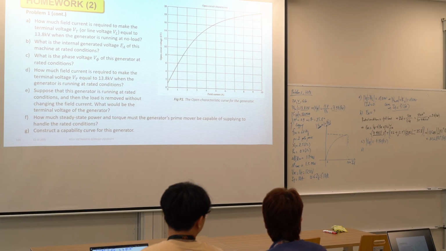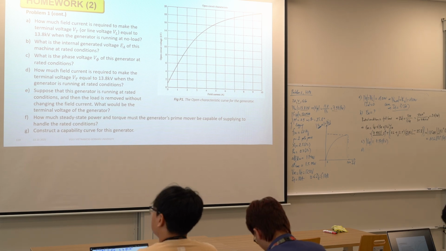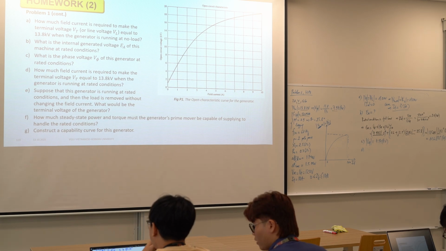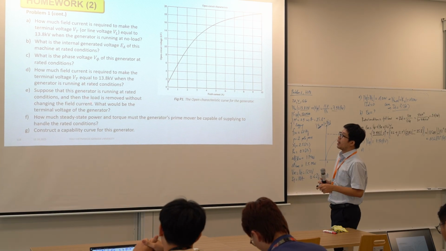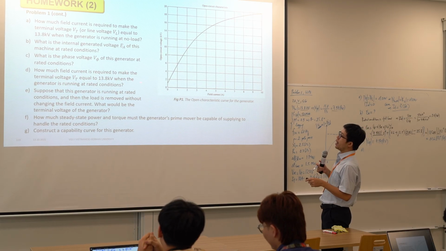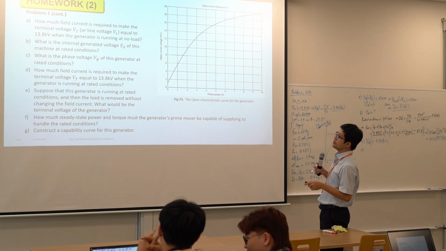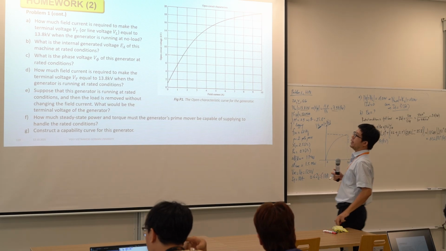So that's question D. How much field current is required to make the terminal voltage VT equal to 13.8 kV when the generator is running at the rated condition?